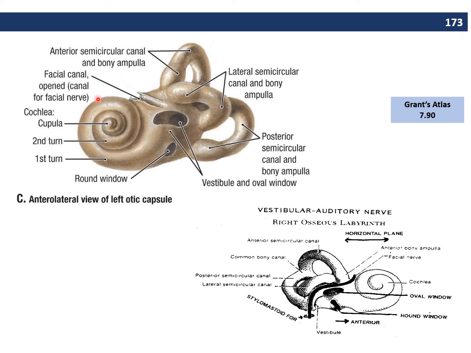You can see this snail-shaped cochlea where it takes roughly 2.5 turns, which houses the organ for hearing.